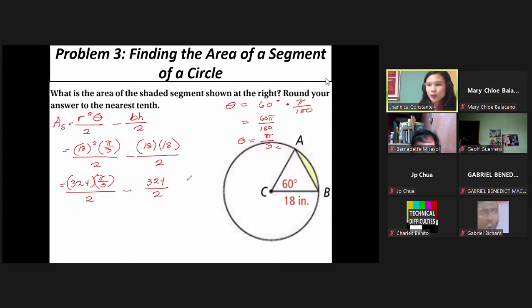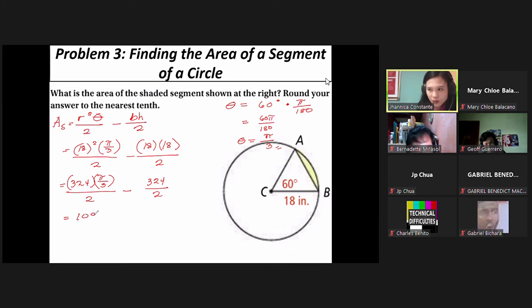So 324 times pi radian divided by 3, or you can simply divide first 324 divided by 3. 324 divided by 3 is equal to 108 pi radian.